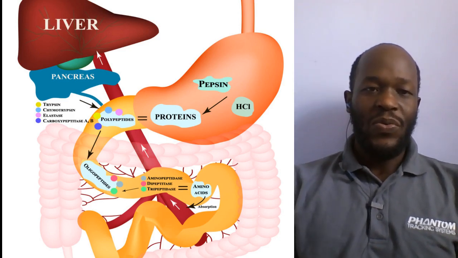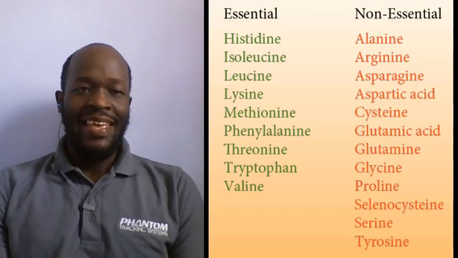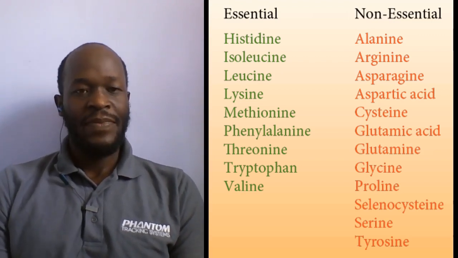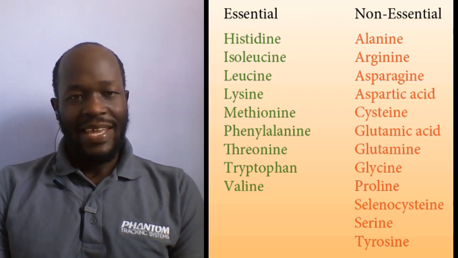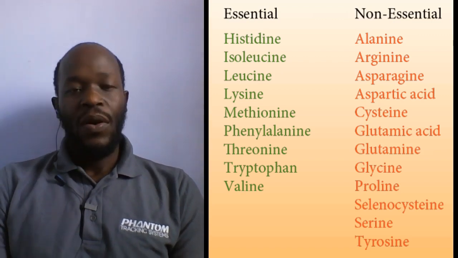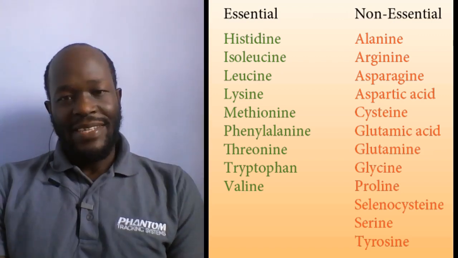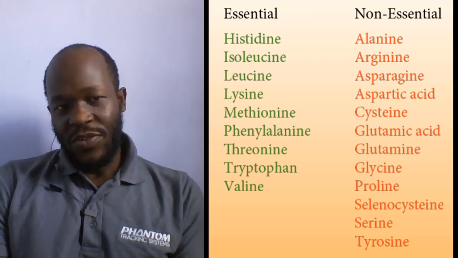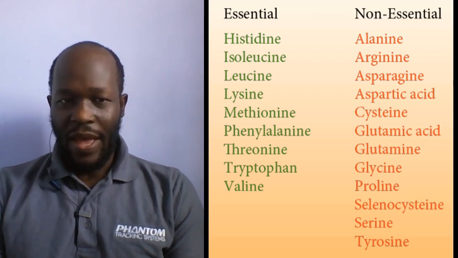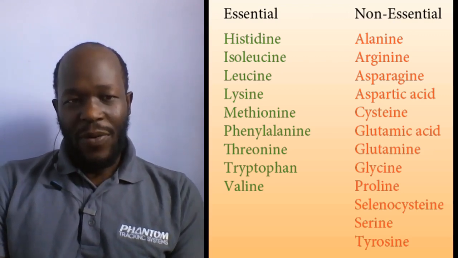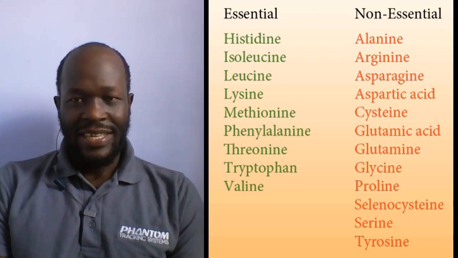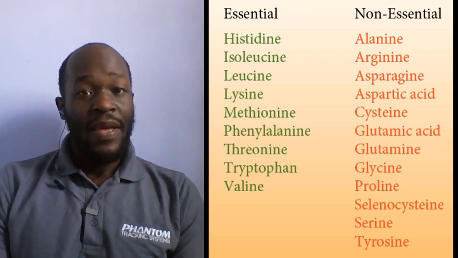Now let's go to our topic today, amino acids. Amino acids are the building blocks of proteins. Amino acids are classified into two by nutritionists: essential amino acids and non-essential amino acids. The essential amino acids must be taken in the diet because cells cannot synthesize them.